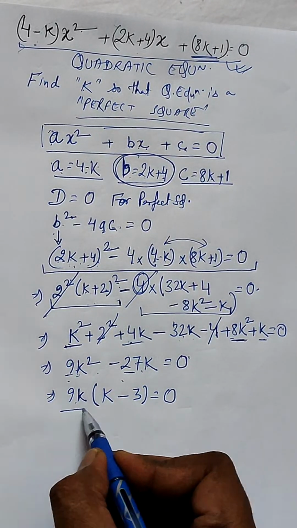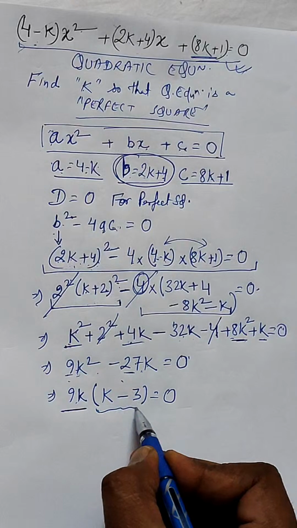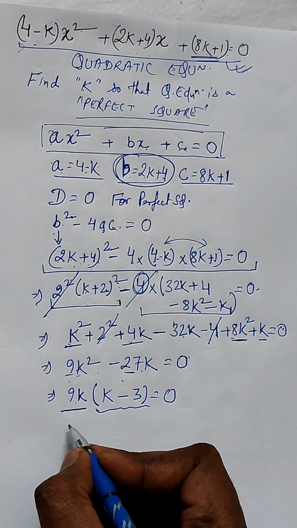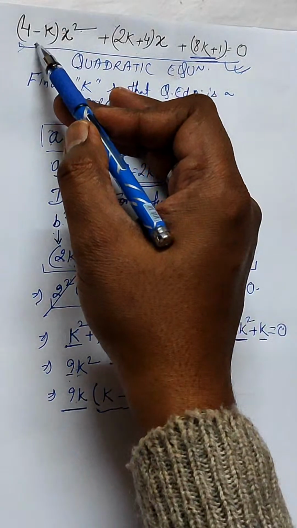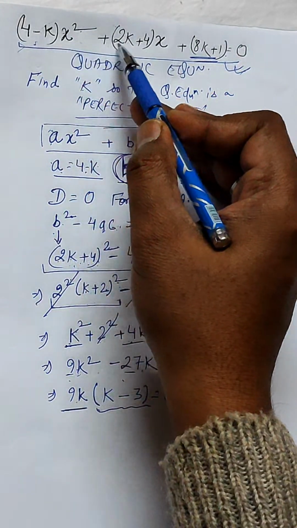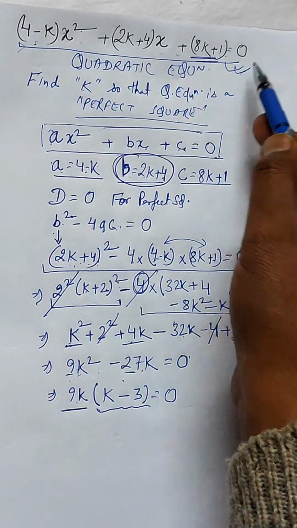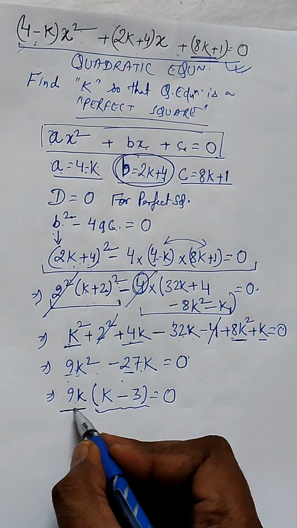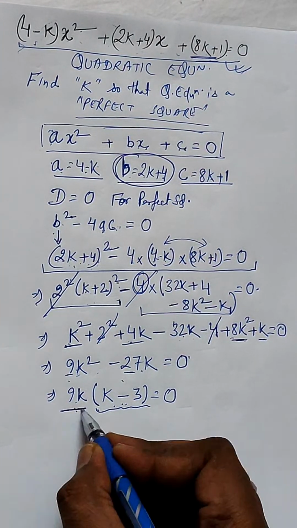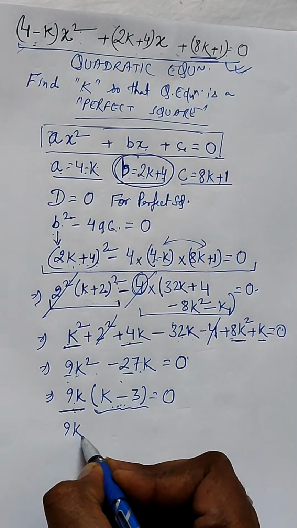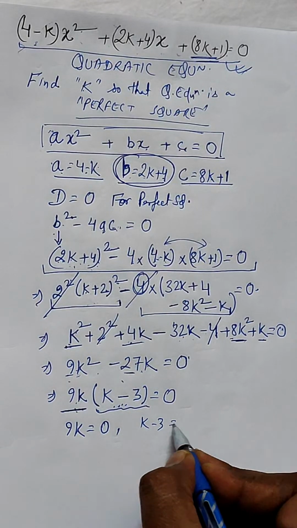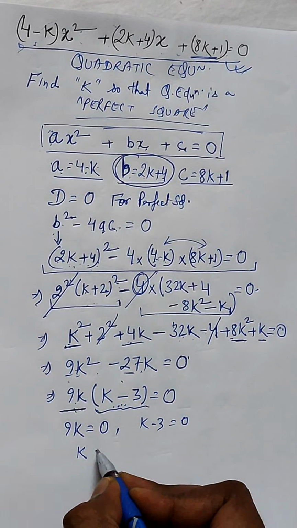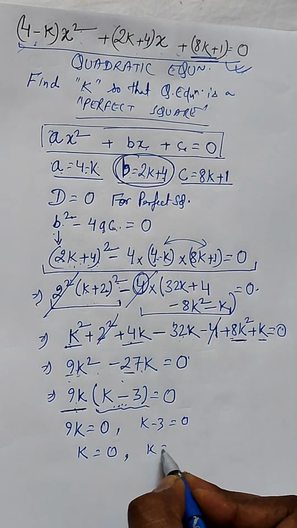And when both the terms are equated to 0, we get the value of k, which confirms that when you put this value, the above quadratic equation will be a perfect square, right? So when 9k is equated to 0 or k minus 3 equated to 0, we get k as 0 and k as 3.